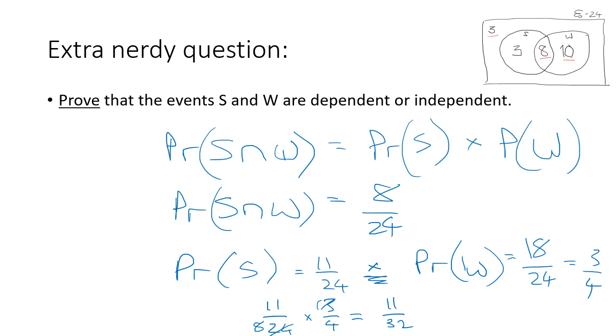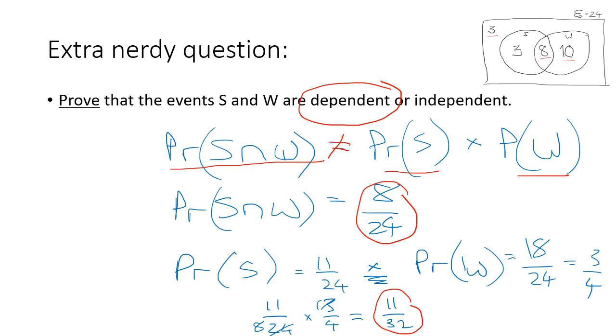And this is showing that these two events are not independent, so they are dependent, because this value here does not equal this value here. So the probability of S intersection W does not equal the probability of S multiplied by the probability of W up here. And so this tells us that these events are dependent.